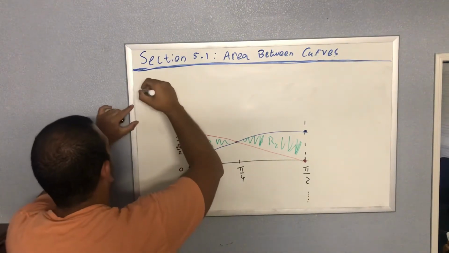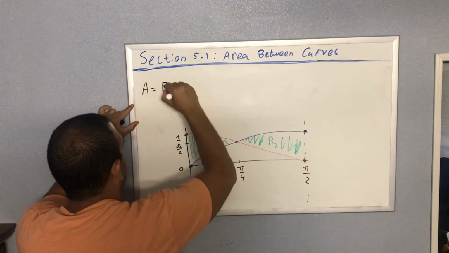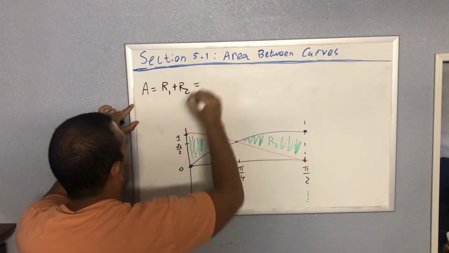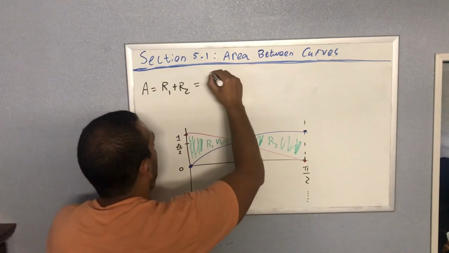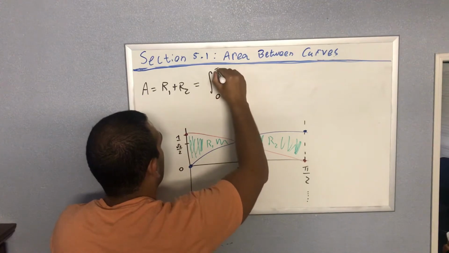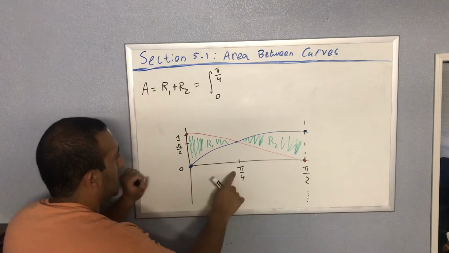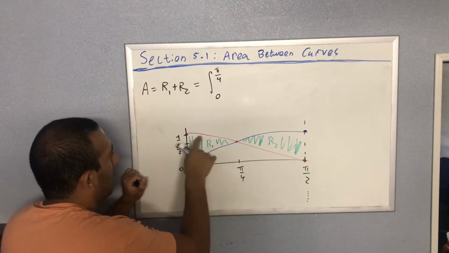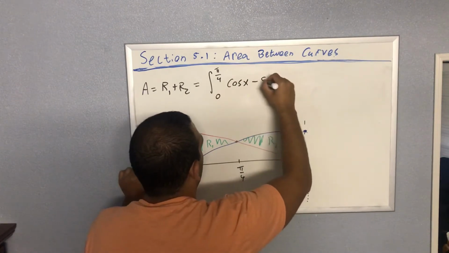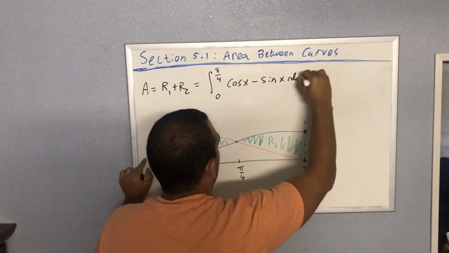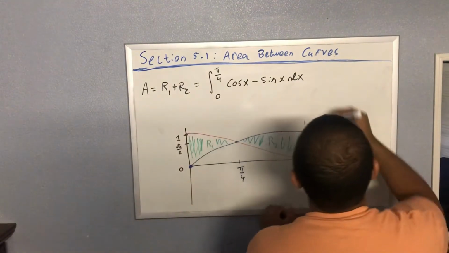So the area, which we'll maybe call A, is region 1 plus region 2, is given by, okay, region 1, the area, is going to be from 0 to pi over 4, right? 0 to pi over 4 on the x-axis. And then y top, which in this case is cosine, minus y bottom, which in this case is sine. Okay, that's region 1.